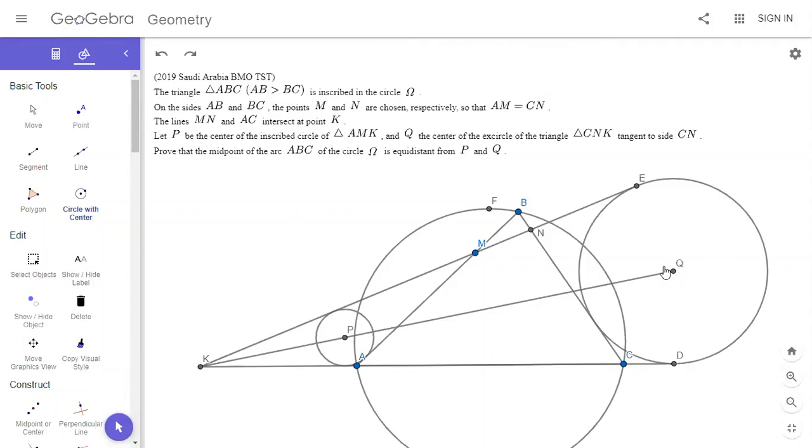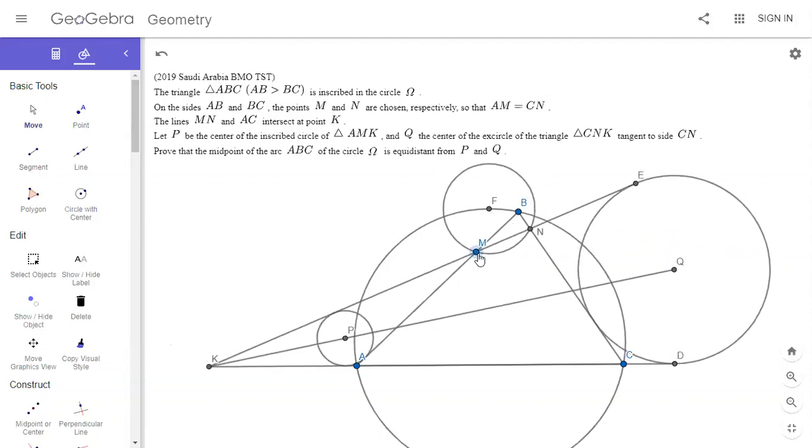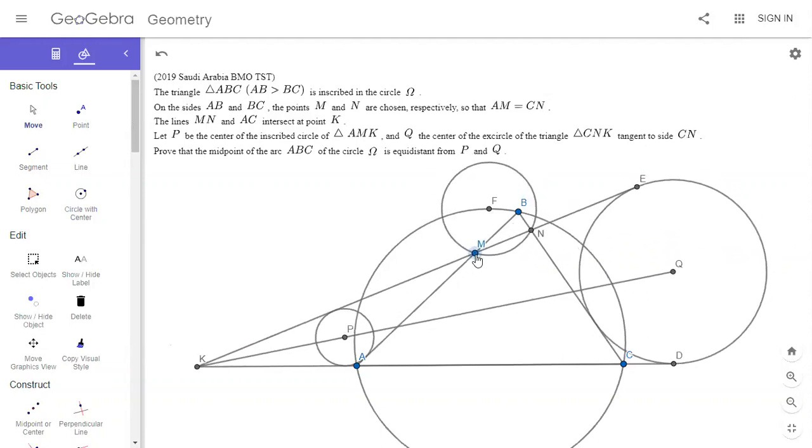Maybe. Let's see. So if we move things around a little bit, FMN is isosceles. I just happened to notice that. Oh yeah, and that's just Archimedes' theorem, actually, I think.